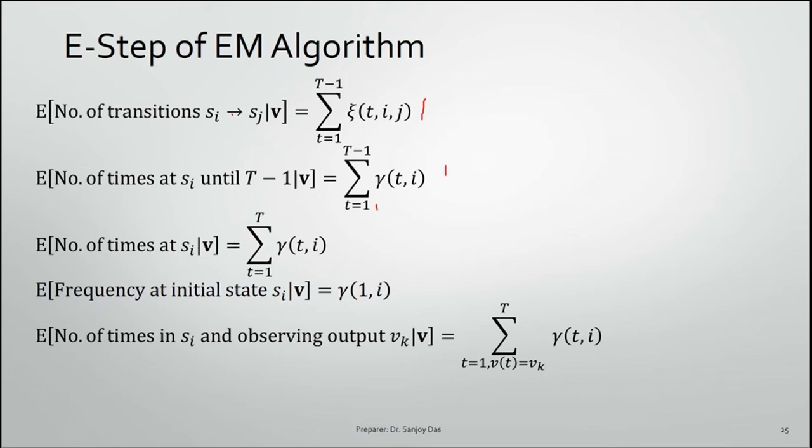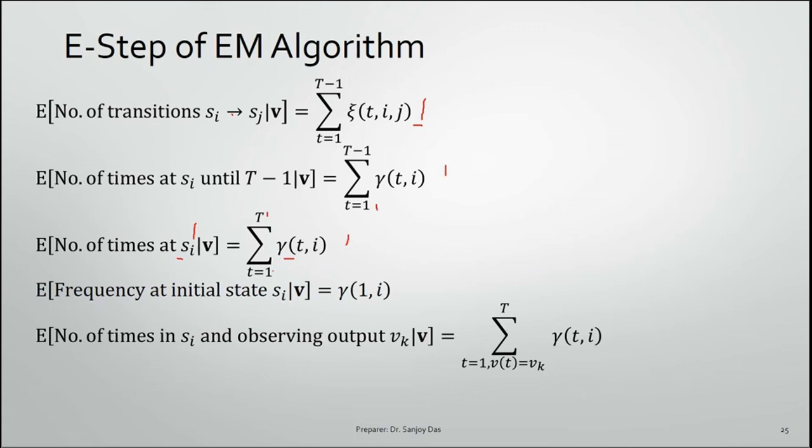The expected number of times at Si until time T, I have not written until time T, but it's implicit, given V is the summation t equals 1 through uppercase T of gamma Ti, and note that gamma can be obtained not only using the zetas but also directly from the alphas and betas. There are 2 ways to obtain gamma.